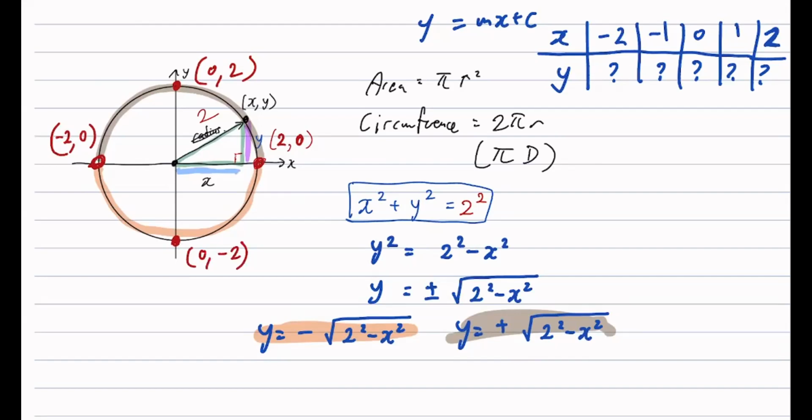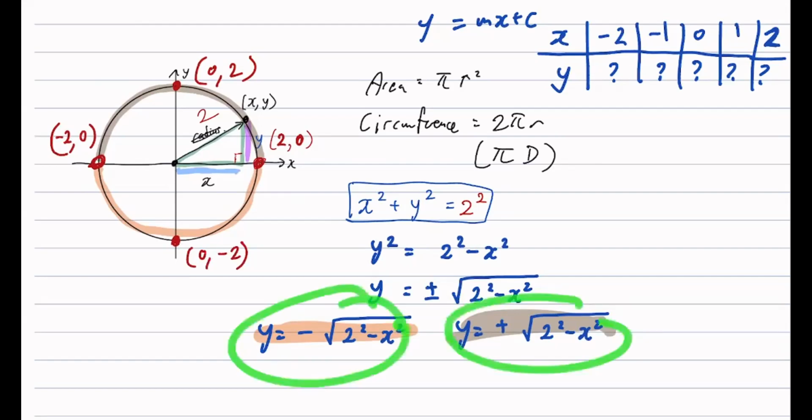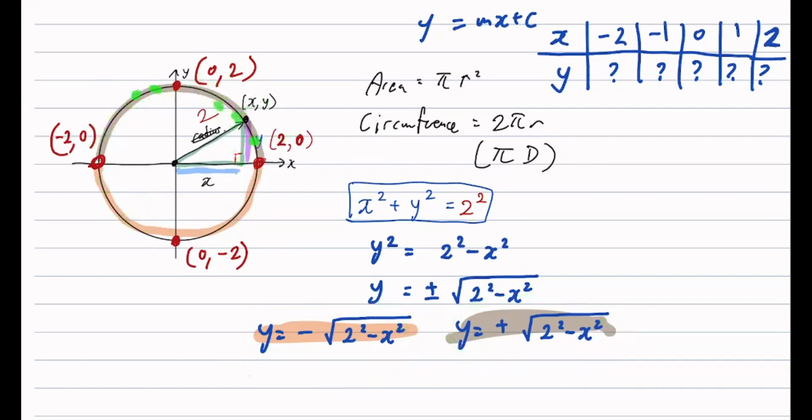Basically, when you have these two equations, they are giving you all the coordinates of the points that lie along the circumference of the circle. You just plug in different values of x, and you'll be able to get the corresponding y coordinate. That corresponds to every single point along this line. Okay?